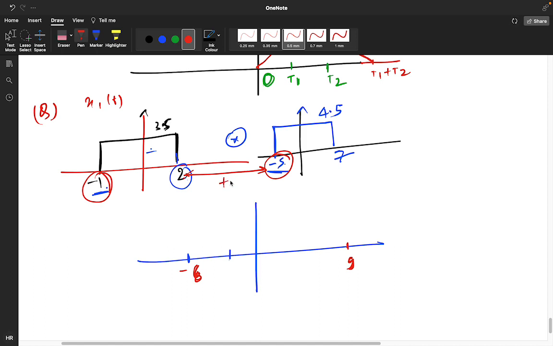So what you will get, if you add this particular 2 and minus 5, minus 3 will be there. When you add this 2, what you will get, 6.